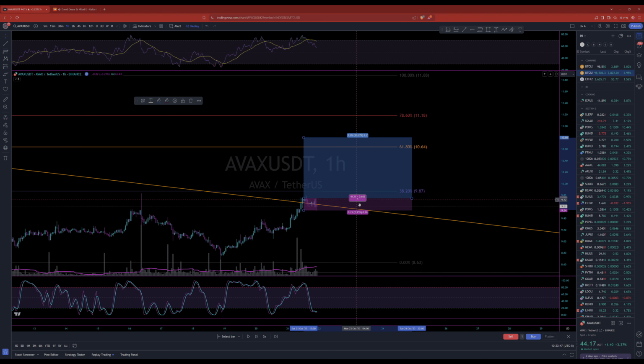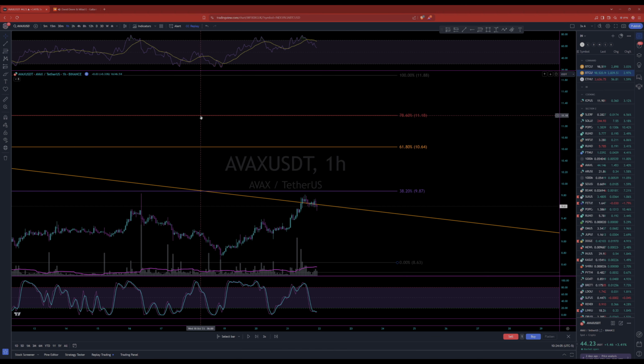So if we take trades at 1 to 5, we can lose 4 and gain 5, or lose 4 and win 1 and still be in profit or break even. But imagine winning 2 or 3 of those, or even just 2, you're in profit with that type of risk to reward.